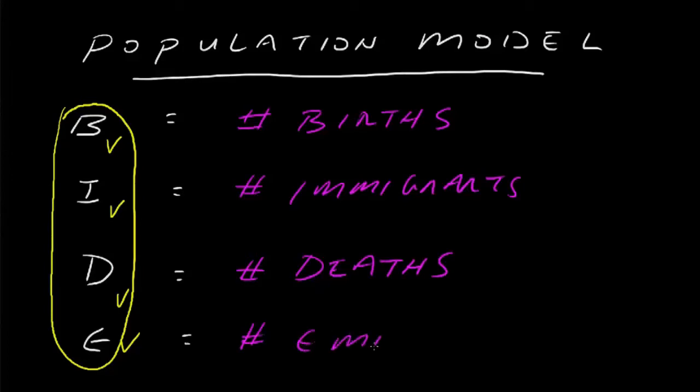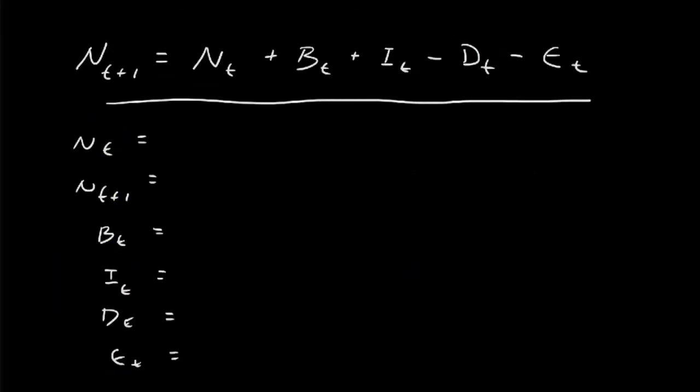And those are the individuals in the population that are leaving, they're exiting the population. So these are our primary BIDE characteristics. And with them, we can build a basic model that describes how that population changes.